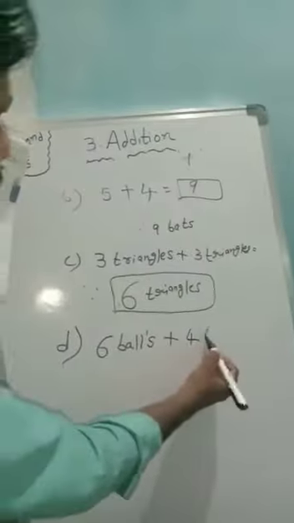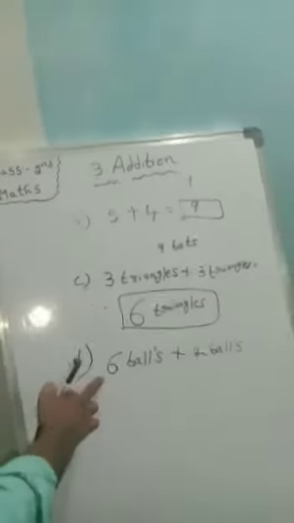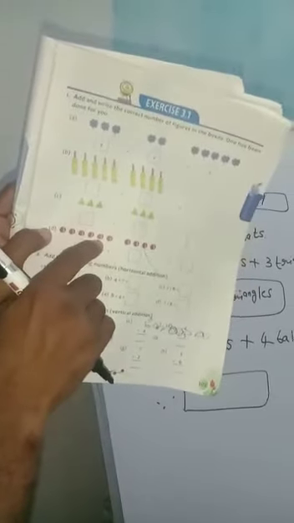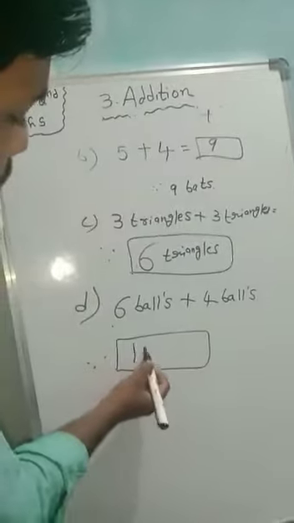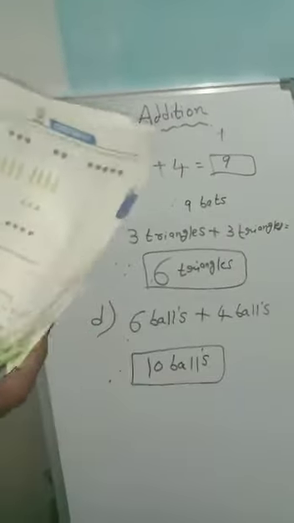Here 4 balls are there. Therefore 6 plus 4. Now total, once again count. 1, 2, 3, 4, 5, 6, 7, 8, 9, 10. Total how many balls, children? 10 balls. Total balls is equal to 10.